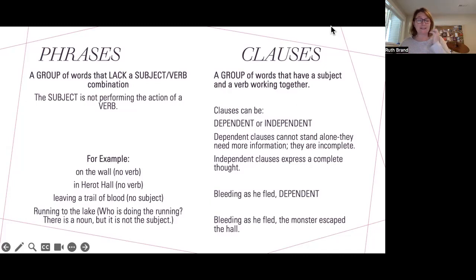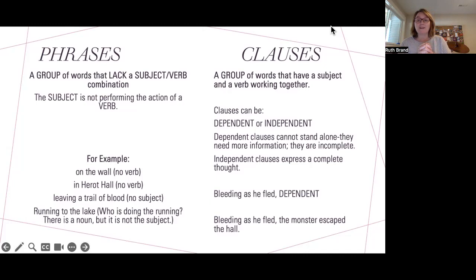It's a complete sentence. Okay, so let's look at this. Bleeding as he fled. So we have he, subject, fled, the verb, but it's not a complete sentence, right? So it is a clause, but it's a dependent clause. I need more information. So kind of the big difference here is that in a phrase, you don't have a subject and a verb working together.